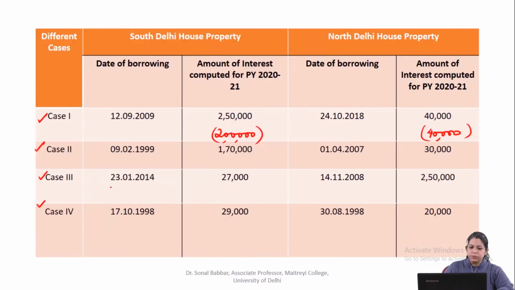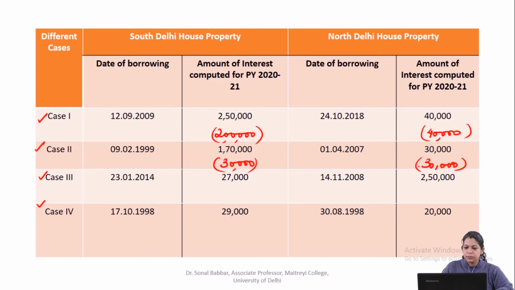In case number 2, the capital was borrowed before 1st April 1999 and the amount of interest is 1,70,000. Since the capital was borrowed prior to 1st April 1999, the lower limit of 30,000 is applicable. Maximum 30,000 will be allowed. On the other hand, for the North Delhi house, 1st April 2007 is the date and the amount of interest computed is 30,000. 2 lakh maximum can be allowed, so 30,000 in full will be allowed.